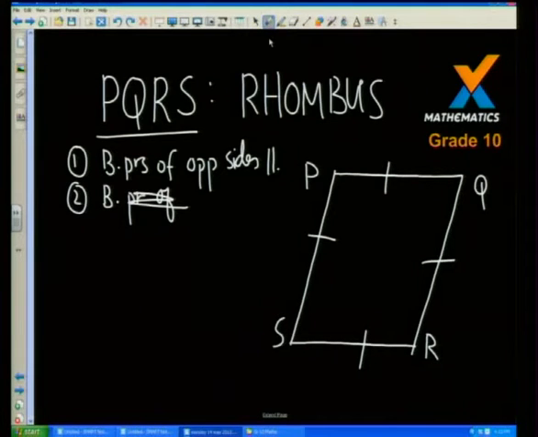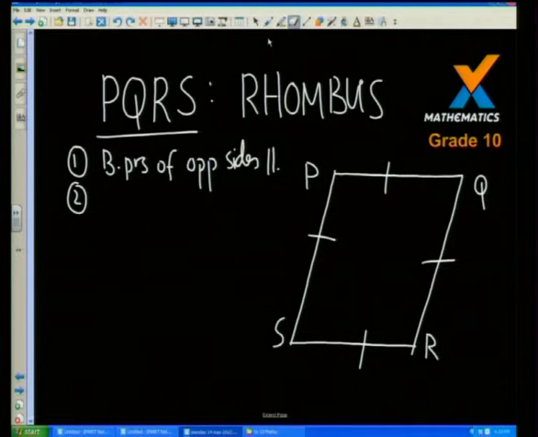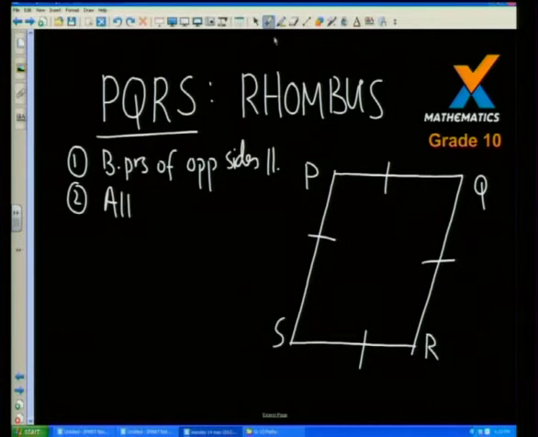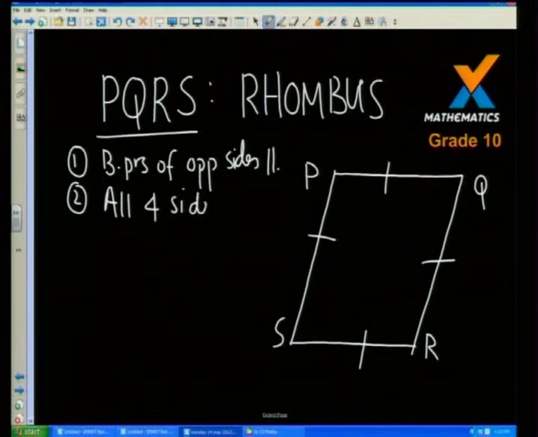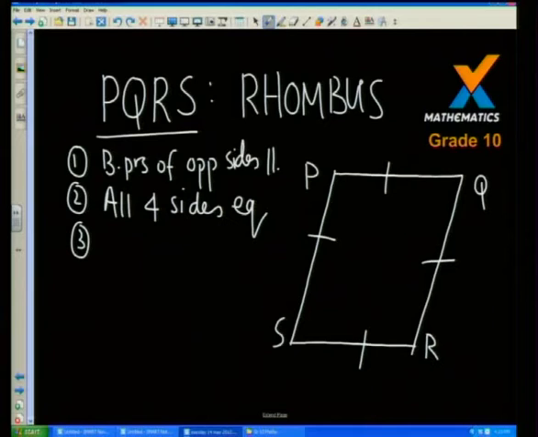Let's just talk about that because both pairs are equal, but one pair of adjacent sides is equal, we actually say all 4 sides are equal. All 4 sides are equal. Then we also get that the opposite angles are equal as well.